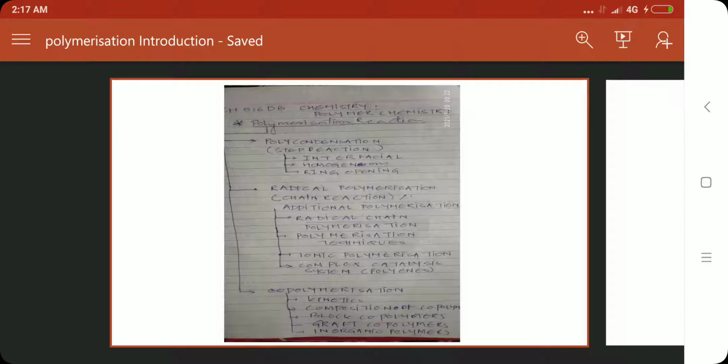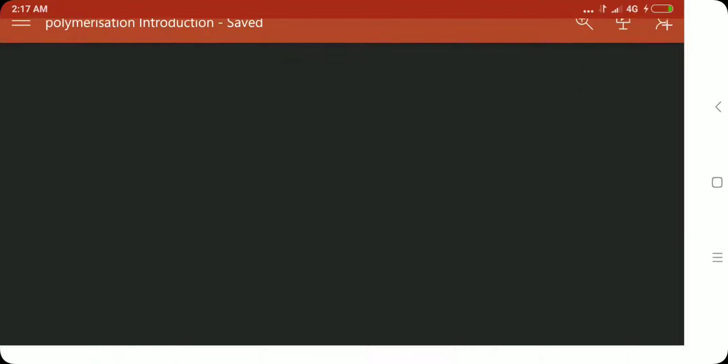In the polymerization reaction, we are going to cover mainly three types of reaction. One is the polycondensation reaction, then radical polymerization, and third is the copolymerization. In polycondensation reaction, we are going to cover around three areas.